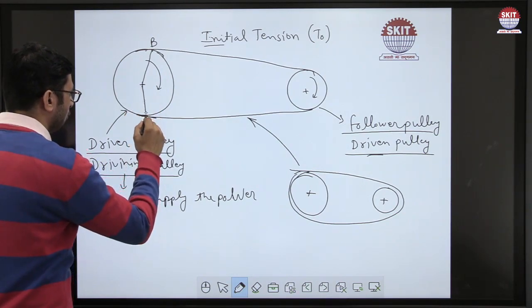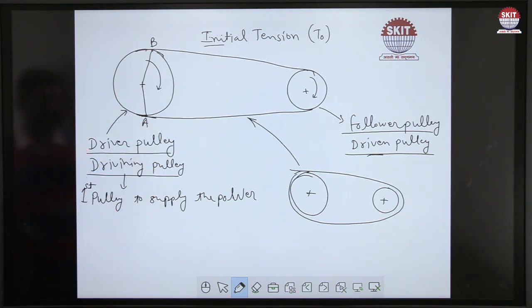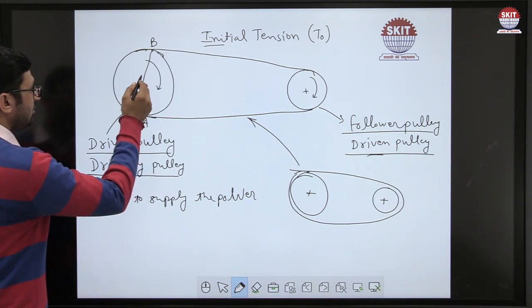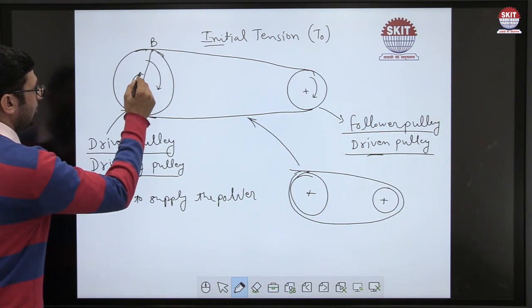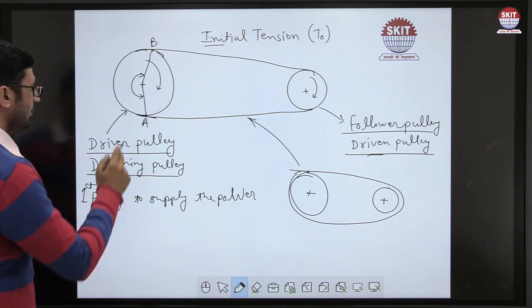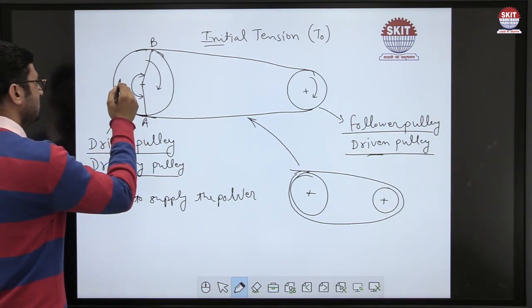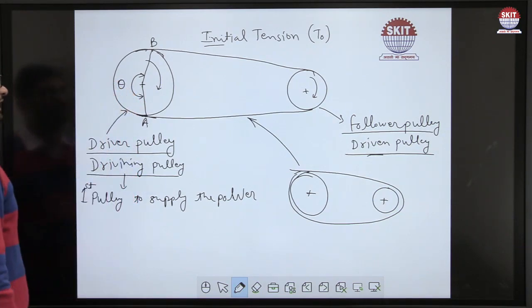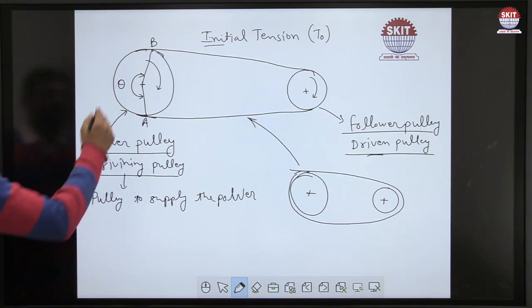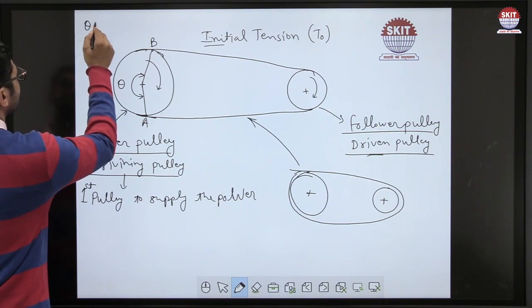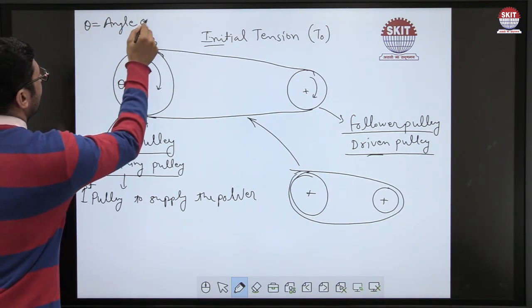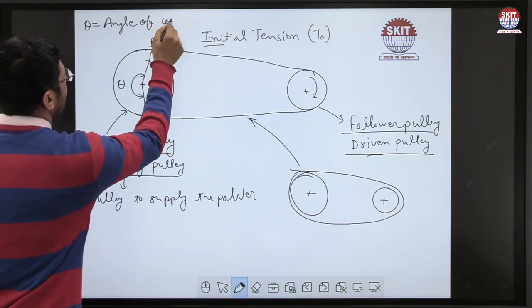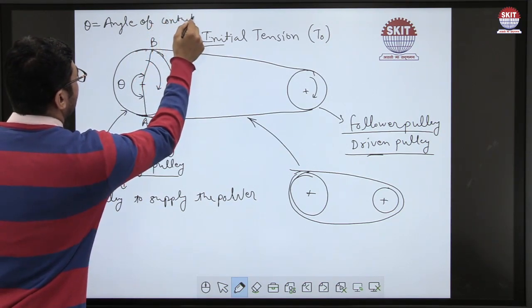This angle made by the belt is known as theta, the angle of contact.